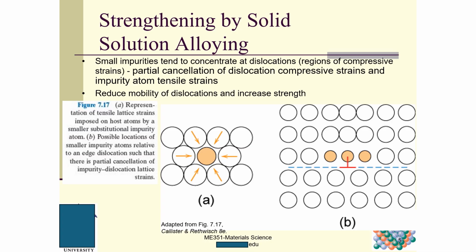And B shows the possible location of smaller impurity atoms relative to an edge dislocation, such that there is a partial cancellation of impurity and dislocation lattice strains.